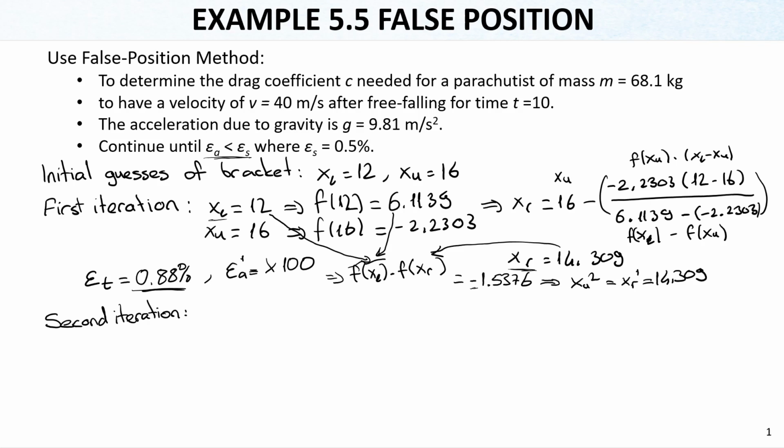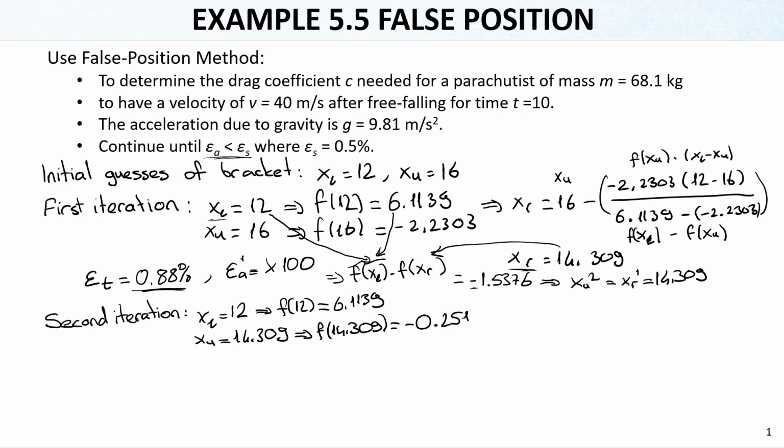In the second iteration, f(12) is again the same, 6.1139, and xu is 14.309, and f(14.309) is equivalent to minus 0.2515.